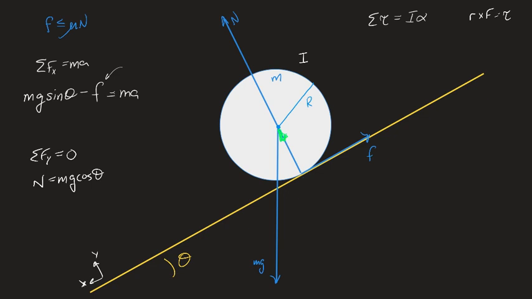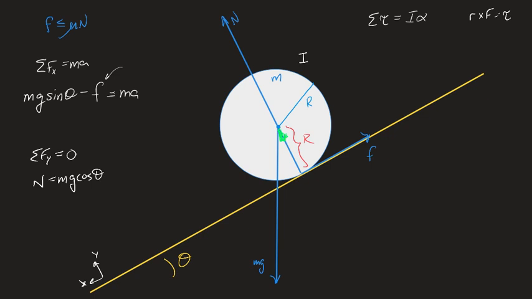So next, let's consider the normal force. The normal force acts at a distance r away. So there is a torque arm, but the normal force acts at an angle of 0 degrees with respect to the torque arm. So that's a sine of 0, and that means the normal force applies no torque. Which leaves just the frictional force.